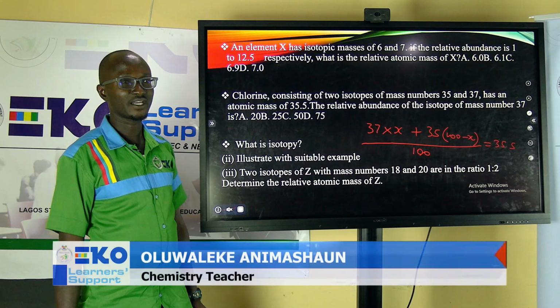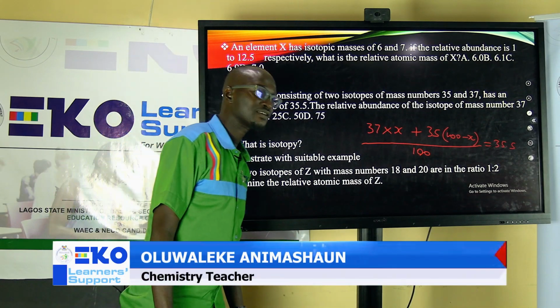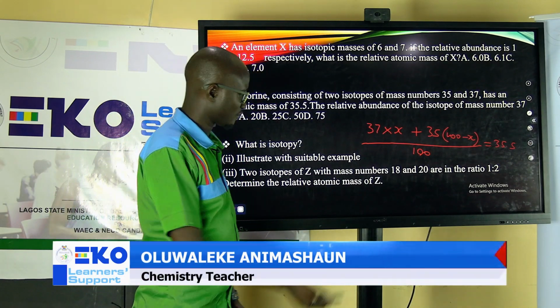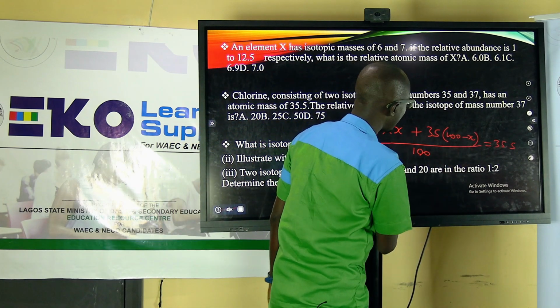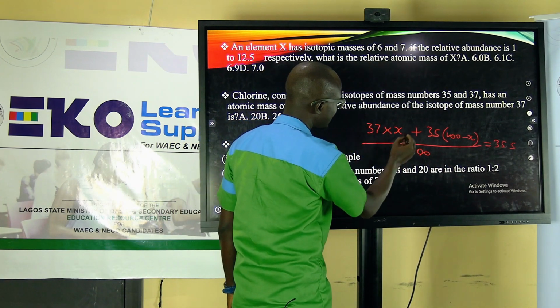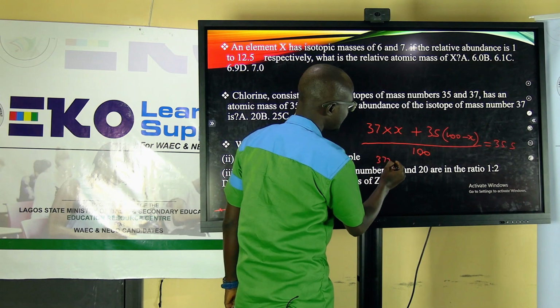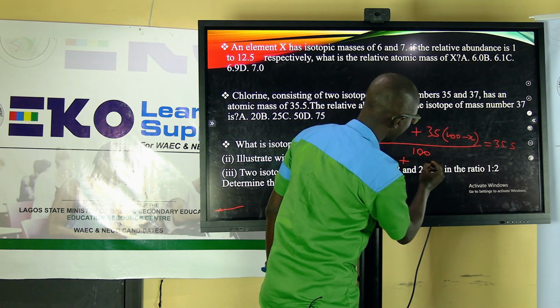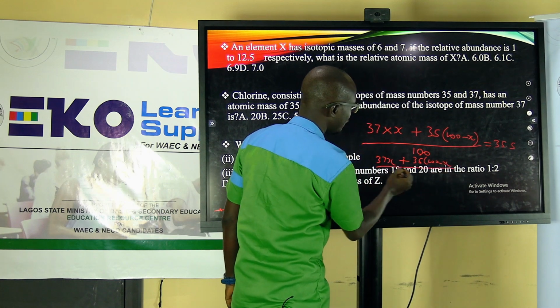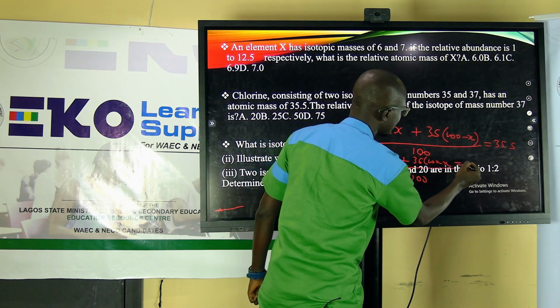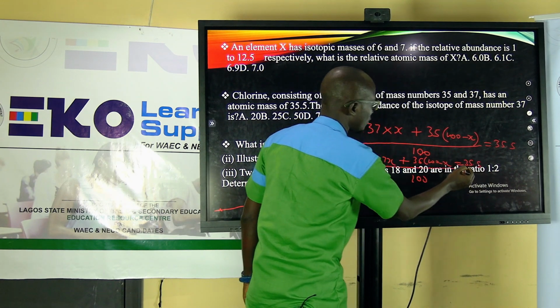Okay, by now we should be through. Now let's see if your answer goes along with mine. Let's continue solving. So if I were to do this, 37x plus 35 bracket 100 minus x, all over 100, is equal to 35.5. What do I do?